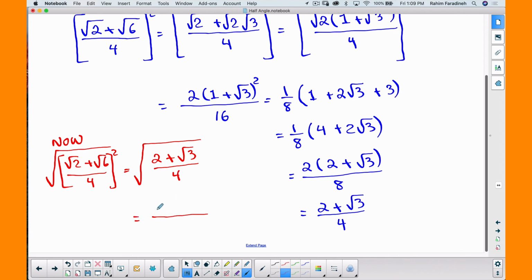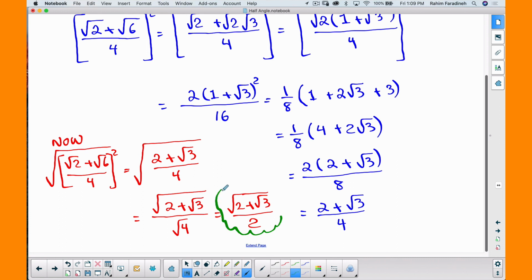The numerator I cannot simplify, so that would be the square root of 2 plus radical 3 divided by radical 4, which we're going to get radical 2 plus radical 3 all over 2. And this is the expression that we wanted to show, that was the other form.